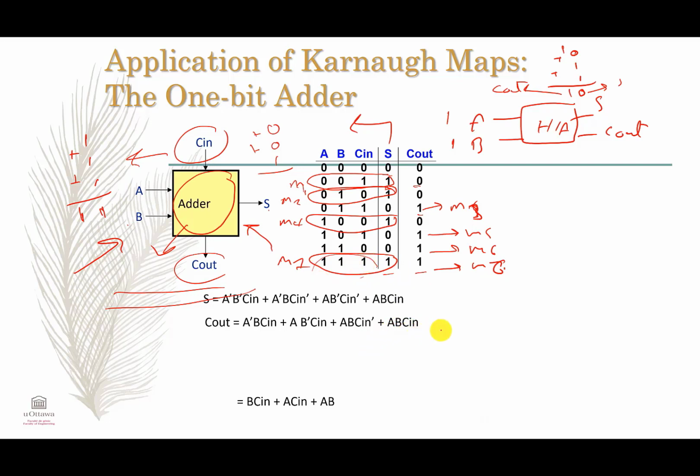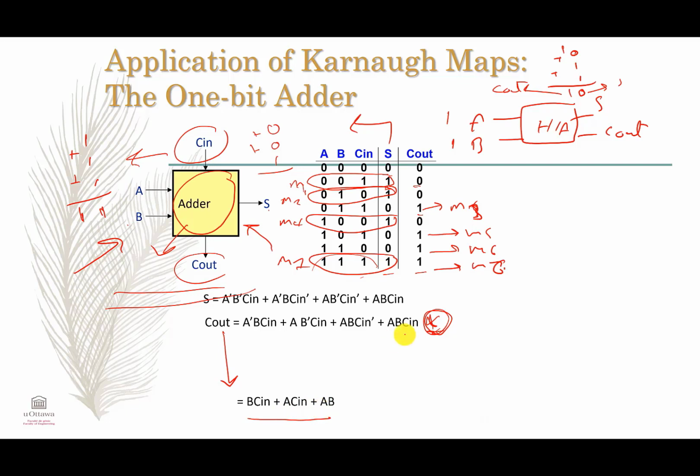Now, if that equation reminds you exactly of the example I just did, what can I do? How can I get this Cout to be minimized as BCN plus ACN plus AB? You remember what you have to do, guys.